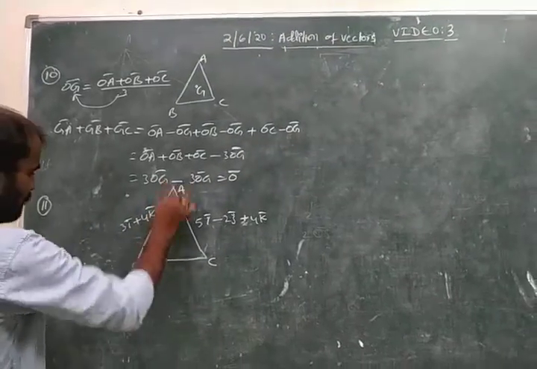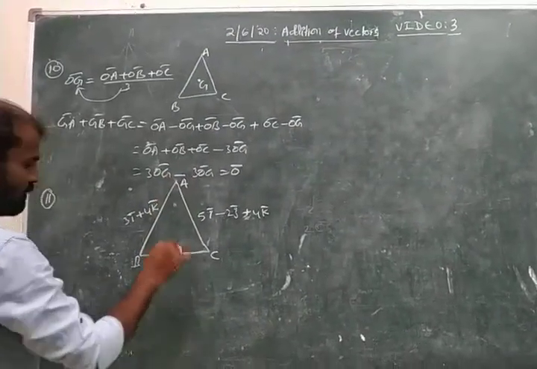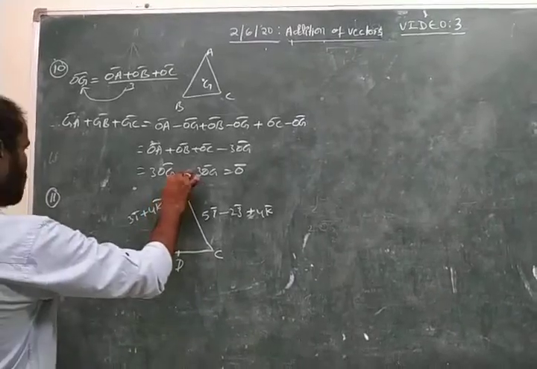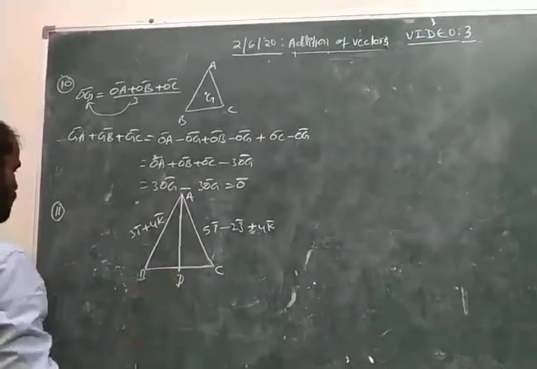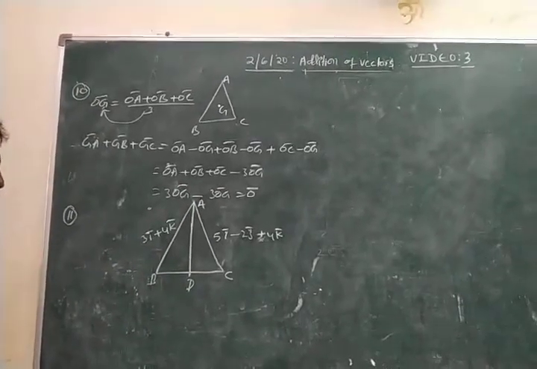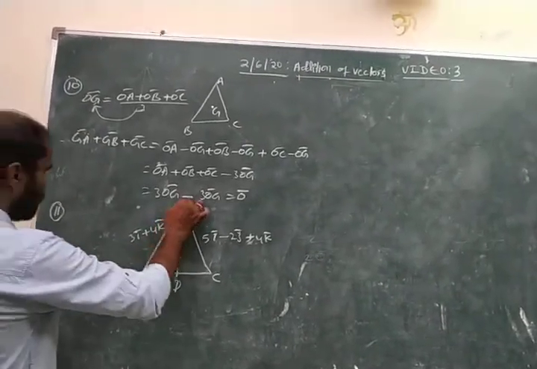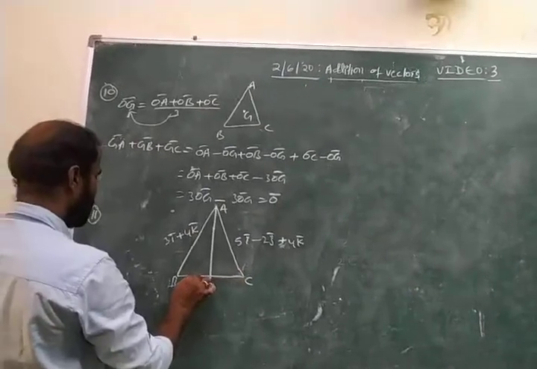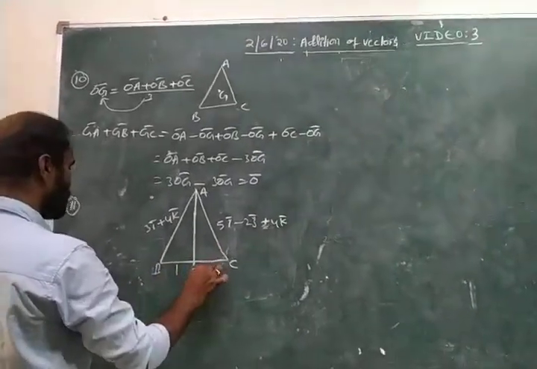Median through A means let D be the midpoint of BC, then AD becomes the median. Now first we have to find the median AD, then after that find the length. Here D is the midpoint of BC, which means D divides BC in the ratio 1:1.